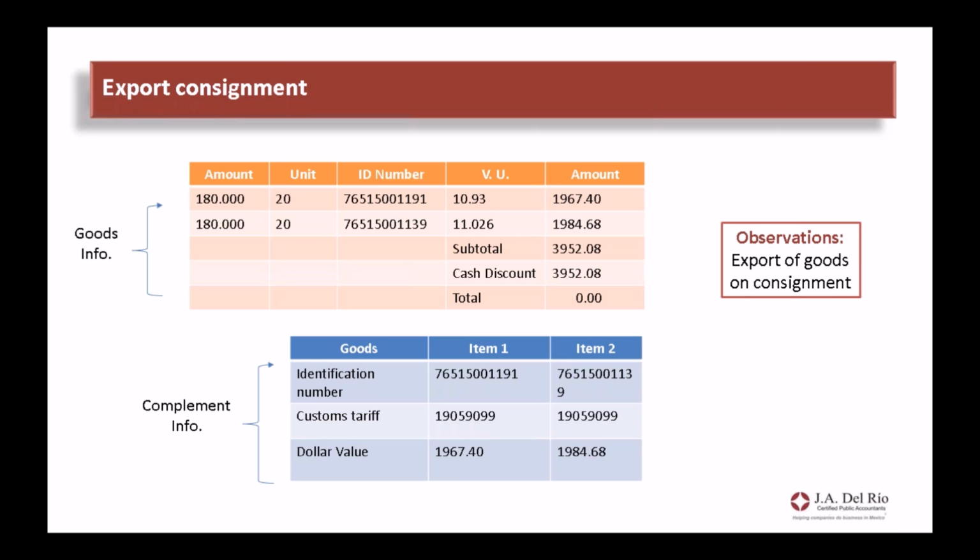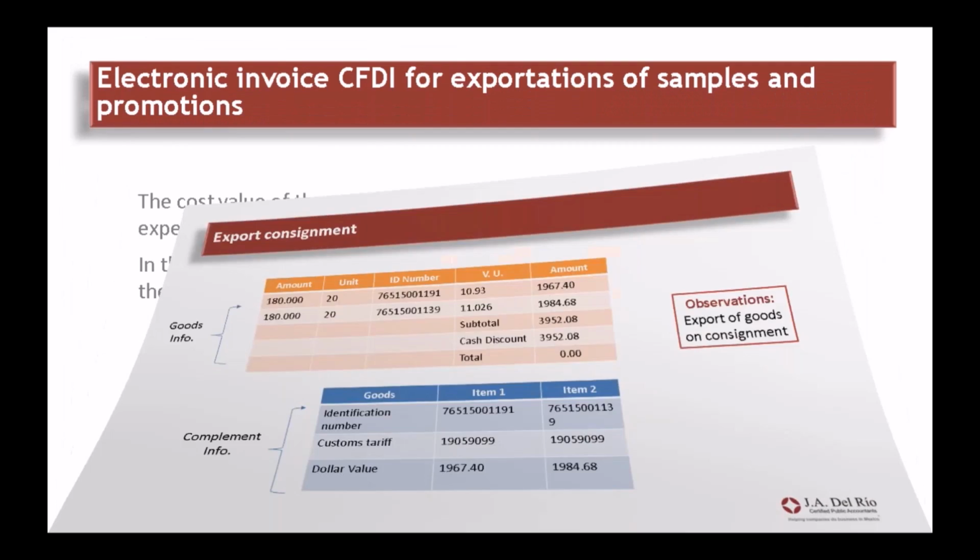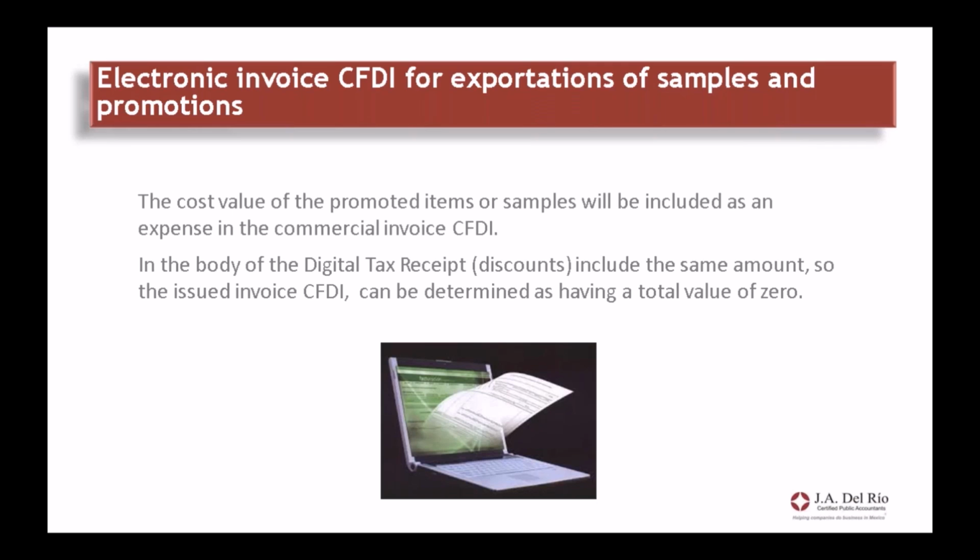The other electronic invoice that we are mentioning is the one that we have to use for the exportation of samples and promotions. As we know, these kinds of exportations are most of the time given for free to our customers, just to see if our products are well or work correctly.